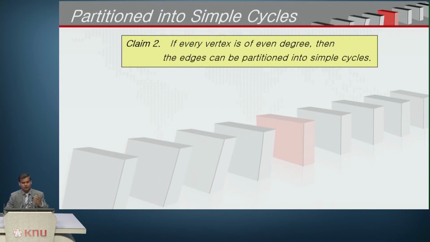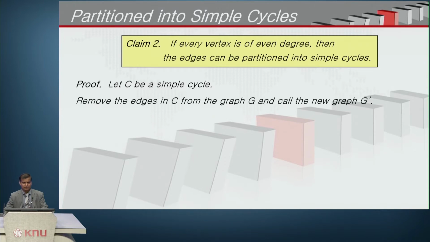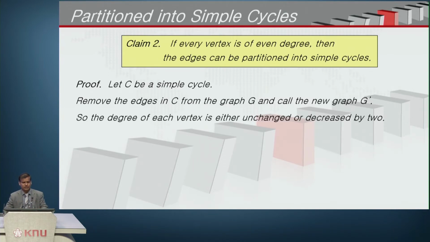If every vertex is of even degree, then the edges can be partitioned into simple cycles. That's the actual claim. Let's take a simple cycle C and remove its edges from the graph G, and call the new graph G'. As we saw in the previous example, we remove the edges of C. The degree of each vertex is either unchanged or decreased by 2 when you remove them.